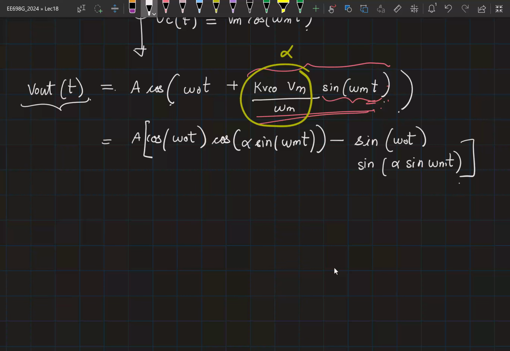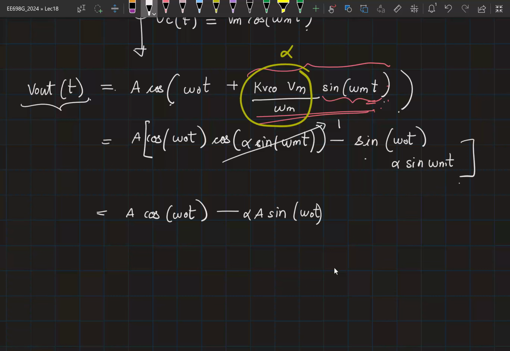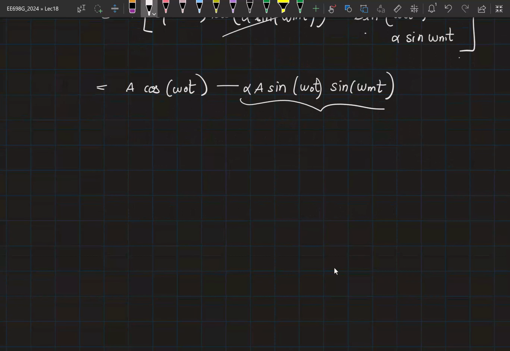Then you apply the narrowband FM approximation. The first term becomes 1 and the second becomes simply alpha sin(omega m t). So you have A cos(omega naught t) minus A sin(omega naught t) into alpha sin(omega m t). And then you expand this and what do you get?